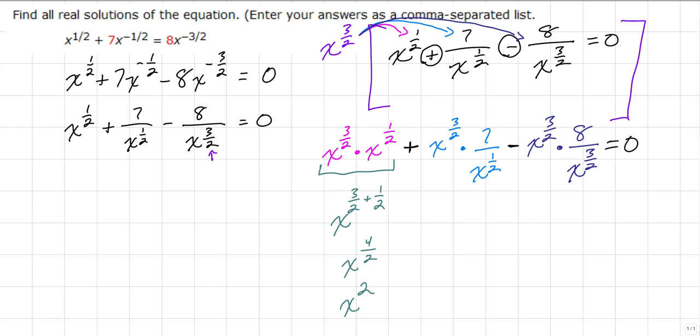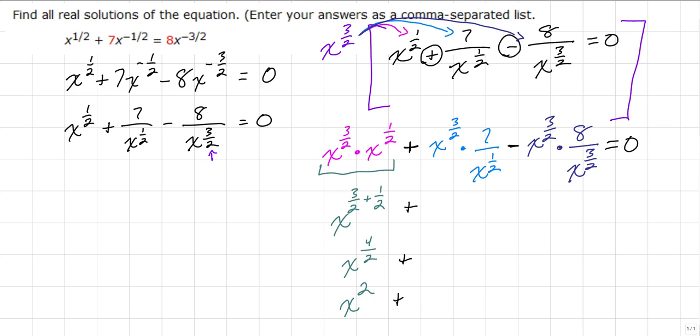The next thing that we're going to do is look at x to the 3/2 times 7 over x to the 1/2 power. Now, remember that when I combine these, since I have an exponent in the numerator and an exponent in the denominator, and they are like bases, I will subtract the exponents.